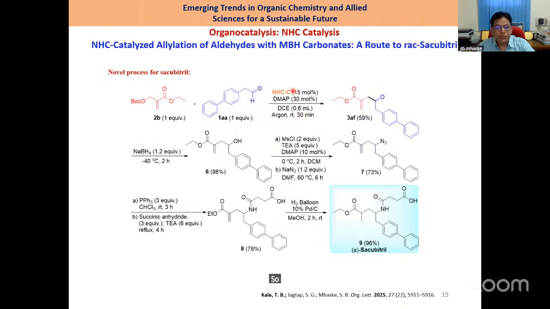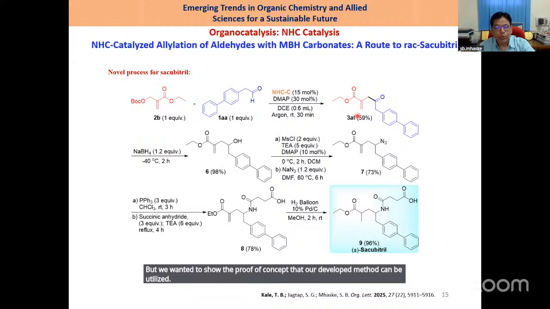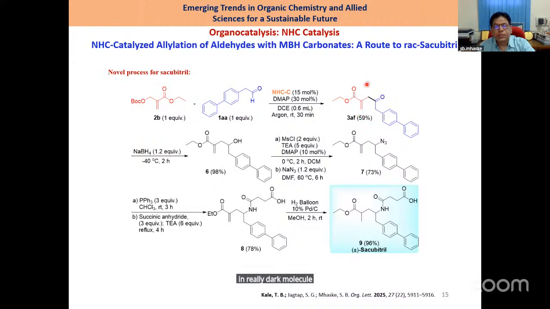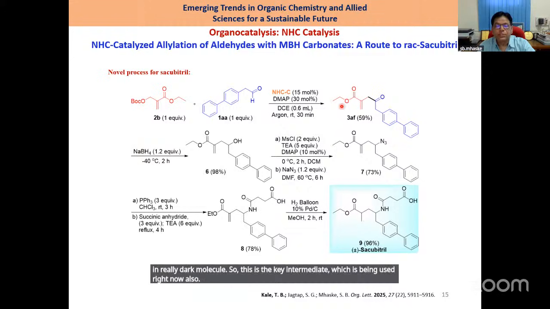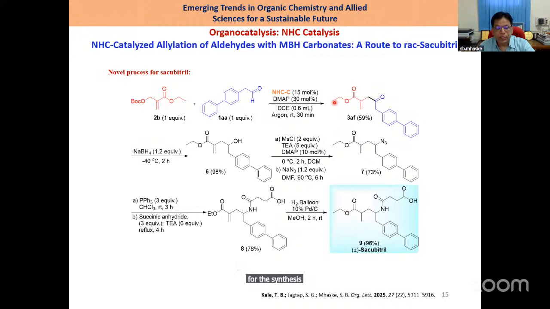So our NHC, which I have shown on the previous slide, worked well. Although this is not really a scale-up, or the optimized condition, we wanted to show the proof of concept that our developed method can be utilized for a real drug molecule. This is the key intermediate which is being used right now for the synthesis of sacubitril.